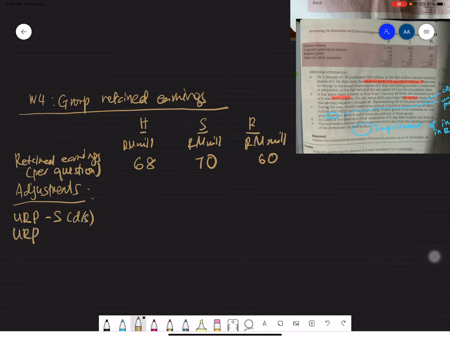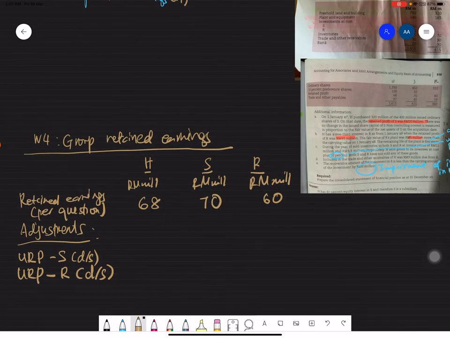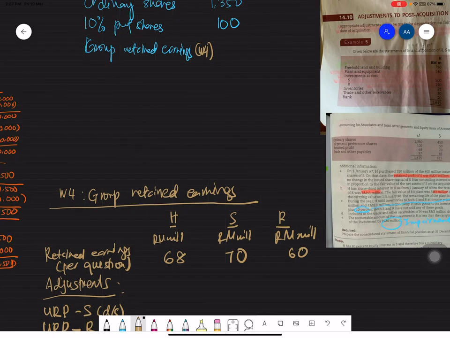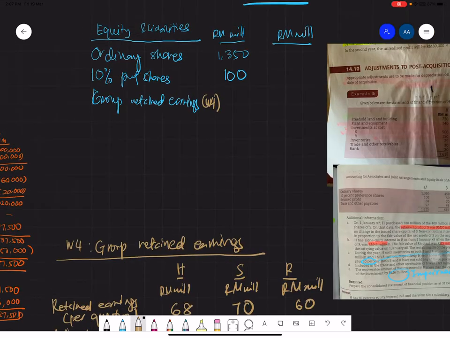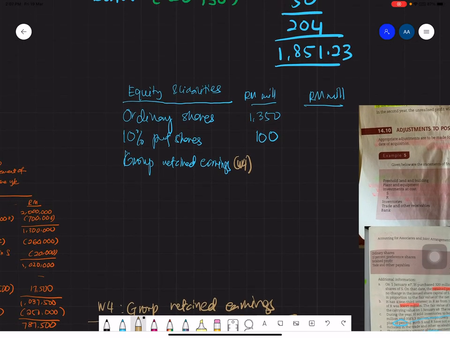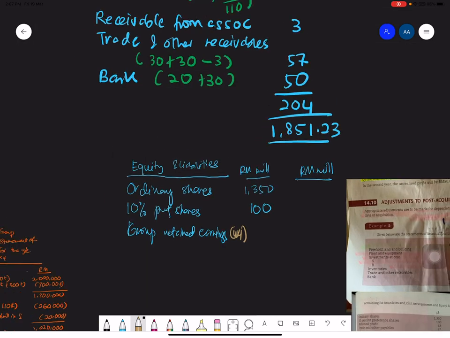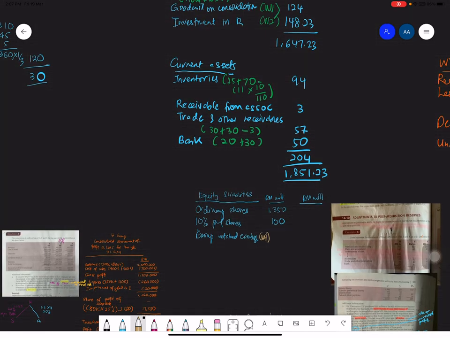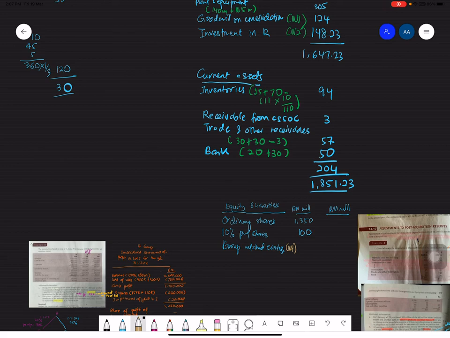Unrealized profit in relation to the transaction with R is also downstream. If you notice, we have actually calculated here the unrealized profit of inventory.